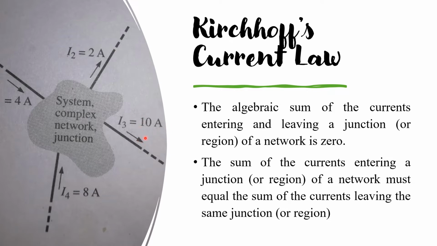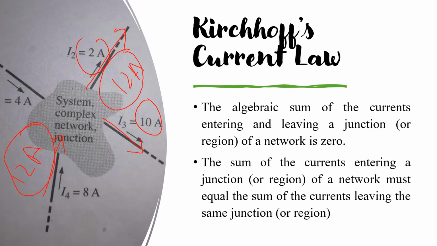So by applying the Kirchhoff current law, the current entering the node is basically 8 plus 4, which is equal to 12. 12 ampere current is entering the node or the system, and the leaving current is this one and this one. 10 plus 2 is equal to 12 ampere. So the current entering the node must be equal to the current leaving the node. This illustrates the Kirchhoff current law.